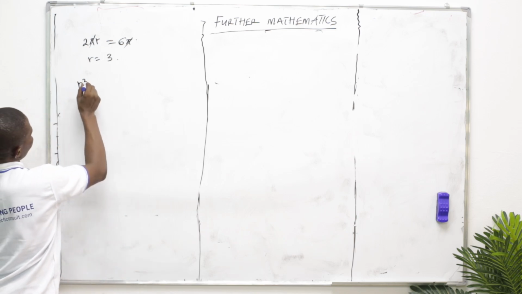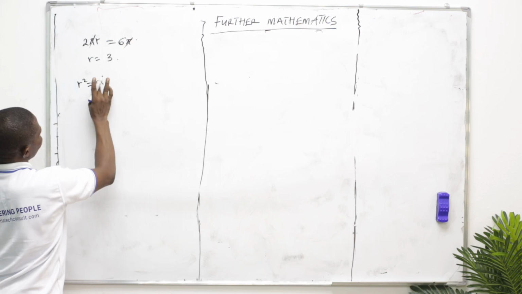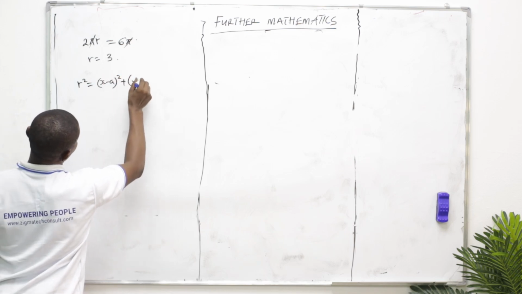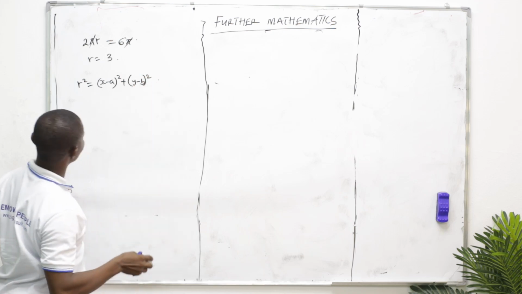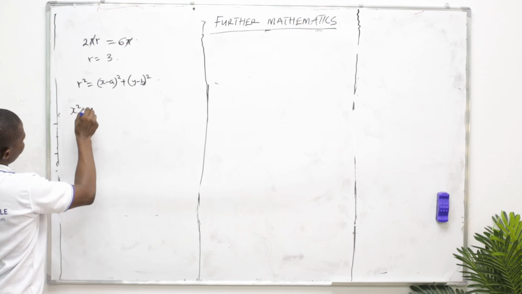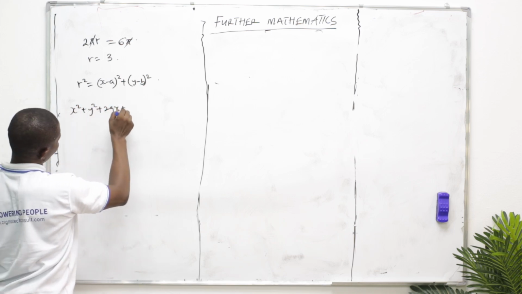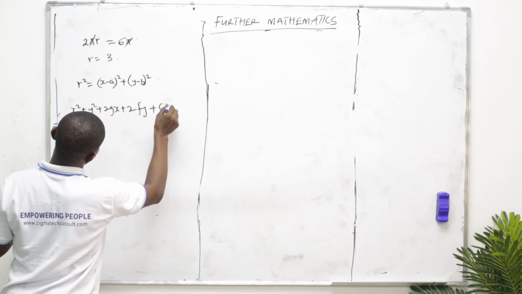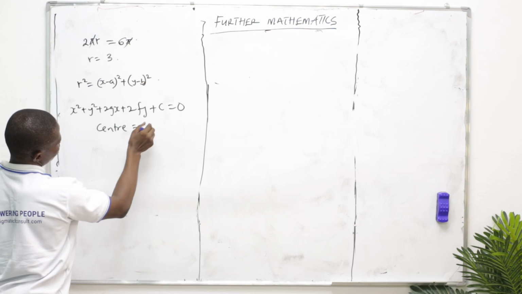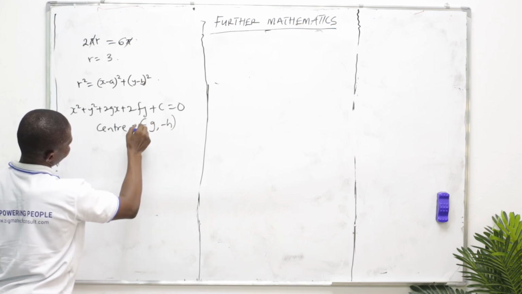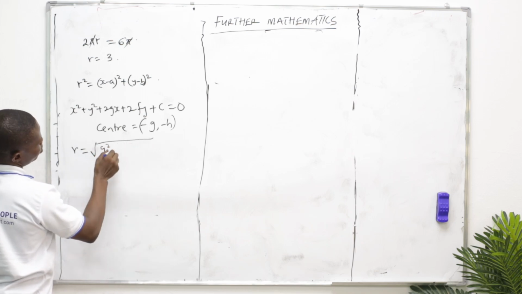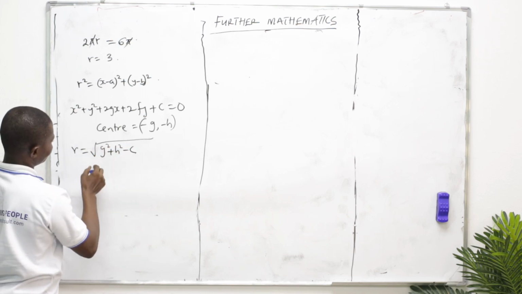And we know that r squared equals x minus a all squared plus y minus b all squared. General equation, x squared plus y squared plus 2gx plus 2fy plus c equals 0. Then center equals minus g comma minus f. Radius r equals square root of g squared plus f squared minus c.